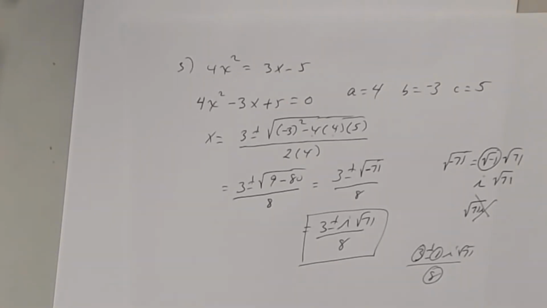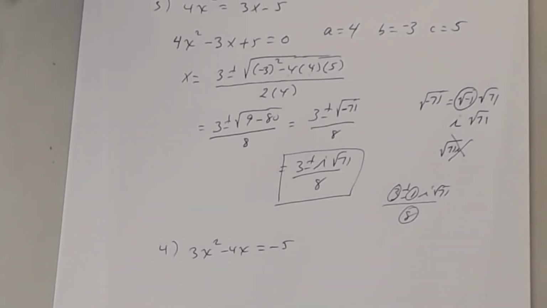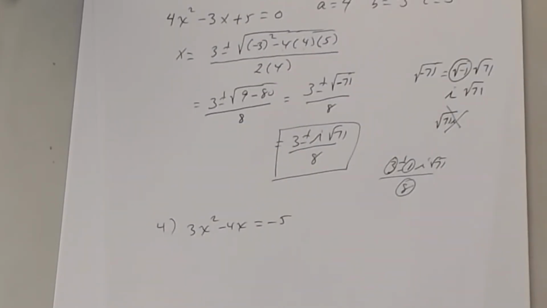Okay, number 4. All right, number 4, let's suppose we had 3x squared minus 4x equals negative 5. What's the first thing you're going to do? Rewrite it in standard form.